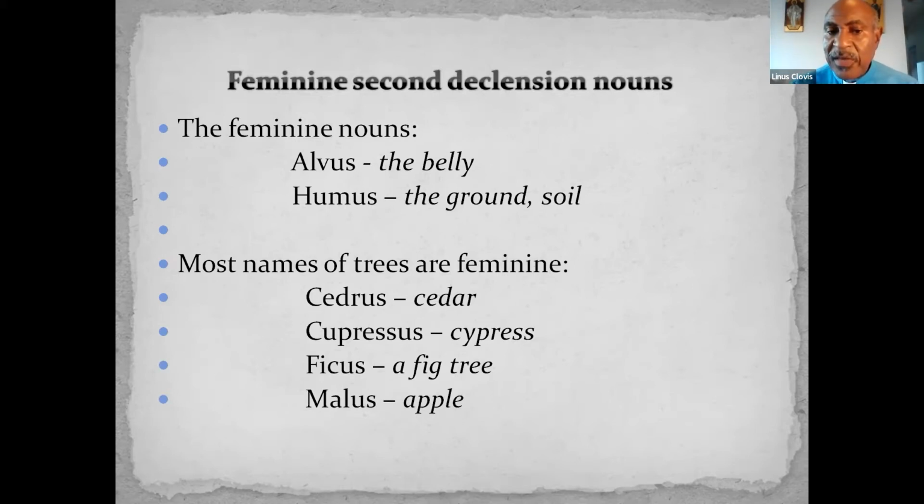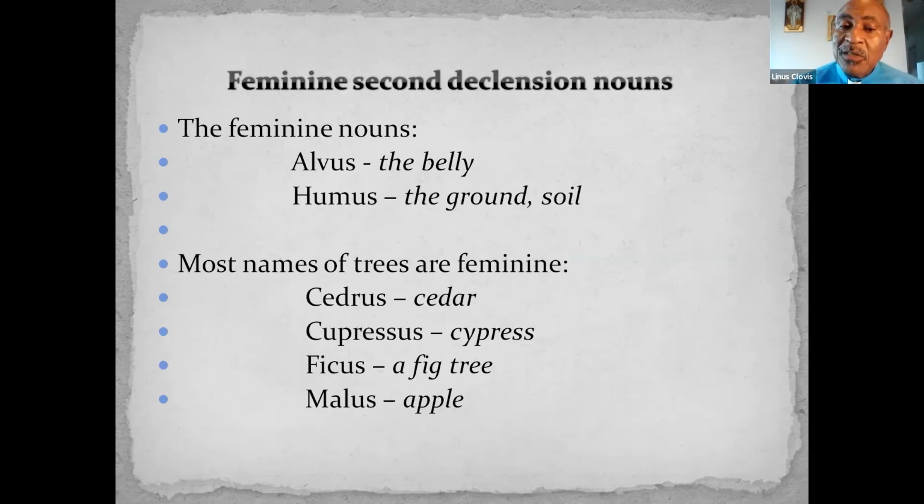Now the genitives, don't forget, is an I for all of these. Interestingly, though, the apple tree, which is malus, when the scriptures were being translated, the tree in the garden, the forbidden fruit, was regarded as evil, and the Latin for evil is malum, or we get mal in English.